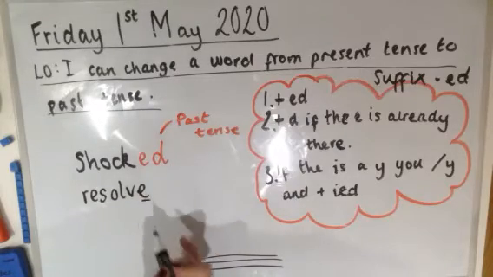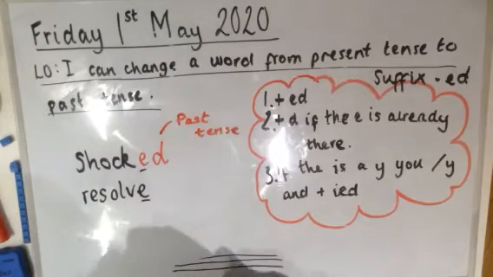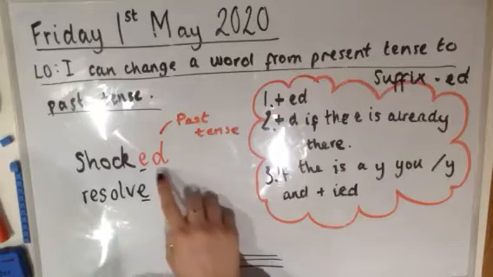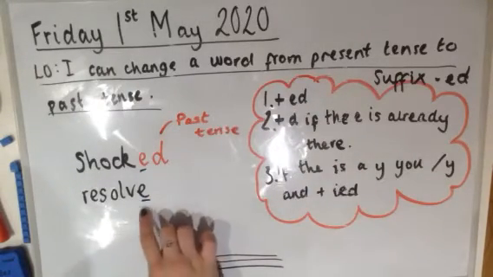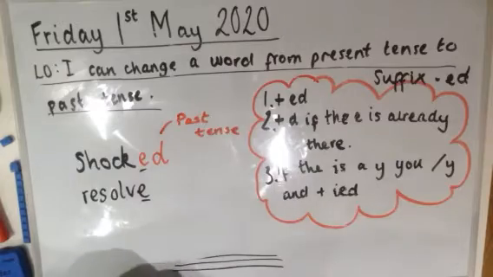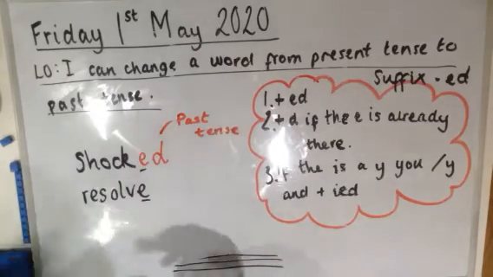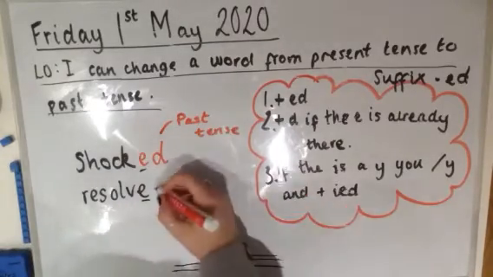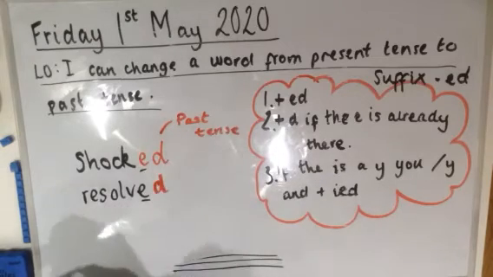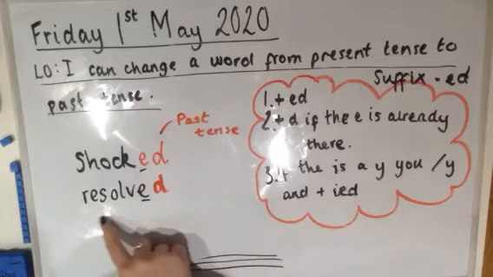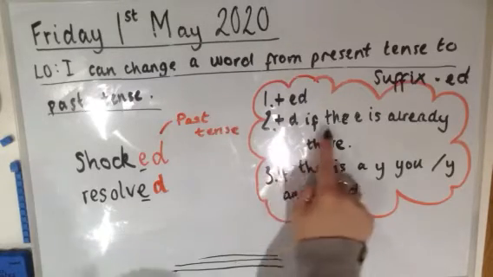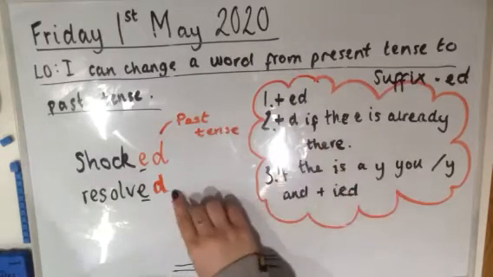But this time the e is already there. As you can see here, in shocked, the e isn't there already, so that's why we have to add ed. But with resolve, the e is already there. So in order to make it past tense, we just need to add the d. Okay? So we had shocked, where we add ed, but resolve, the e is already there, so we just need to add the d.